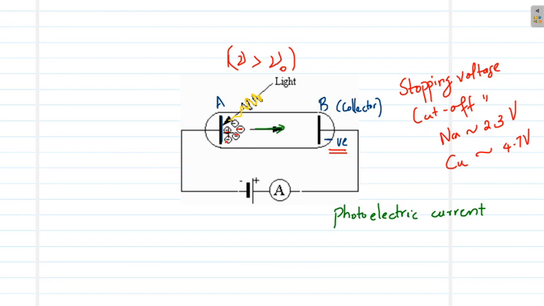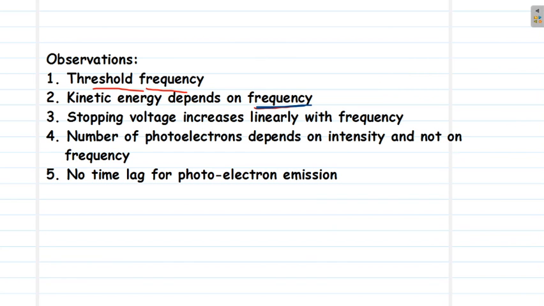Stopping voltage is the potential that is required for stopping all the electrons, or the voltage at which no current is flowing, or the voltage at which no electrons will be reaching plate B. And the stopping voltage Vc, the cutoff voltage, is found to increase with frequency, and it does not depend on the intensity of the incident radiation. The intensity does not affect stopping voltage. The frequency determines the stopping voltage.